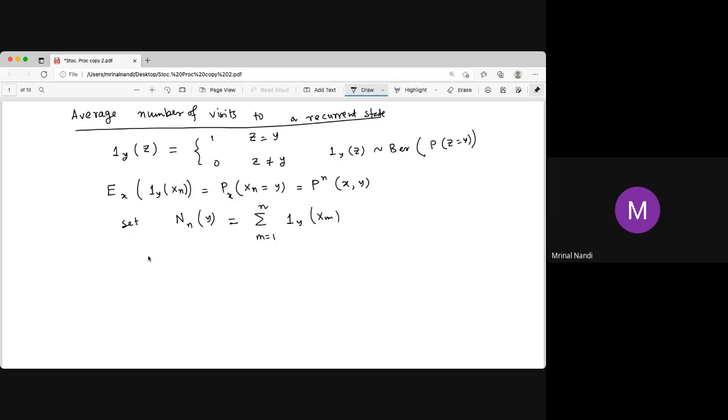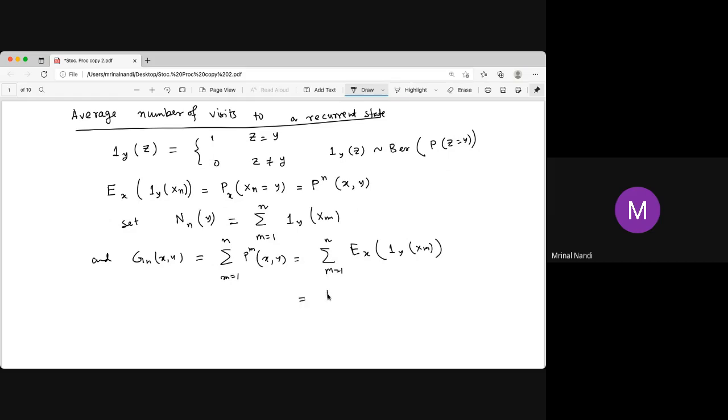Now, what is G_n(x,y)? We use G_n(x,y) as the sum over m equal to 1 to n of the m-step transition function from x to y, and that is nothing but the sum of the expectations of the indicator for X_m.